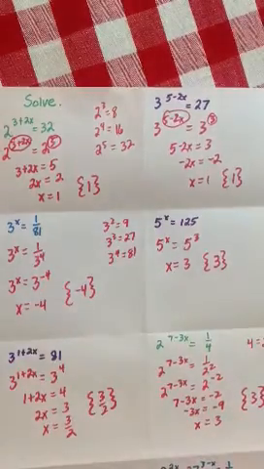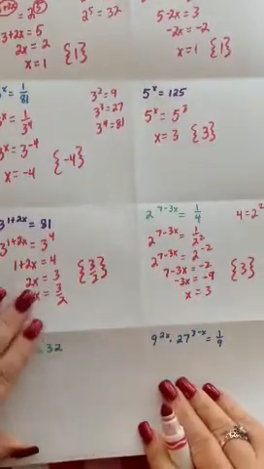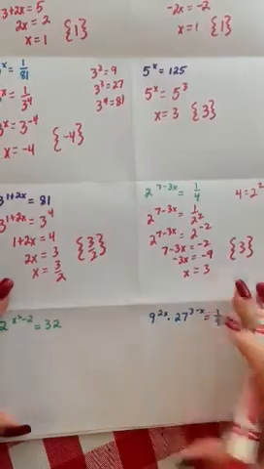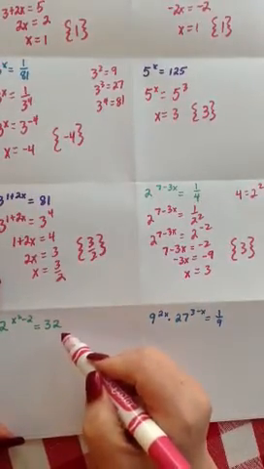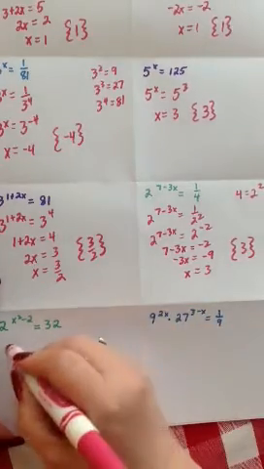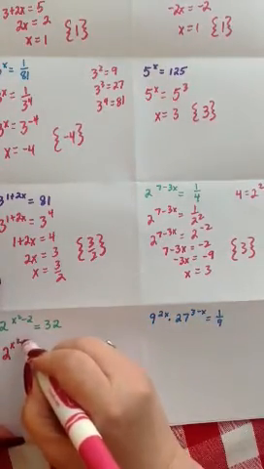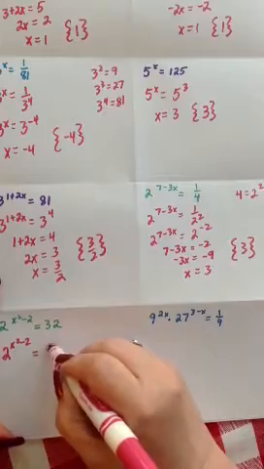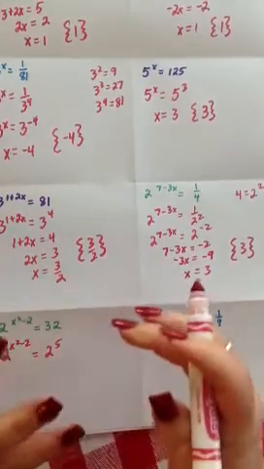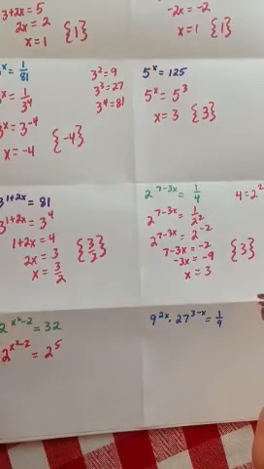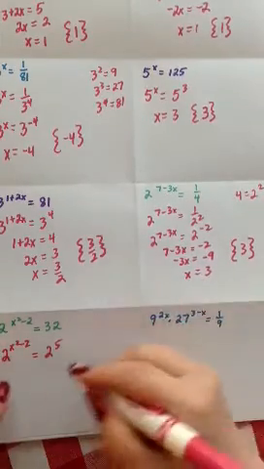All right, I'm going to just scoot this up here so we could see this bottom part really well. Right here we have 2 to the x squared minus 2 is equal to 32. So we could say 2 to the x squared minus 2 is equal to 2 to the fifth, because 32 is 2 to the fifth, because 2 squared is 4, 2 cubed is 8, 16, 32. So 2 to the fifth, 32.